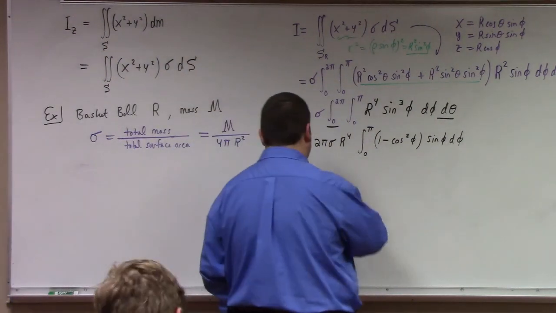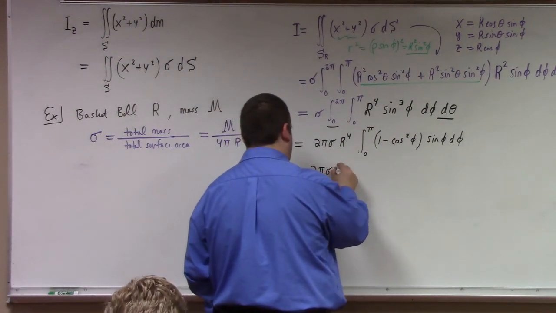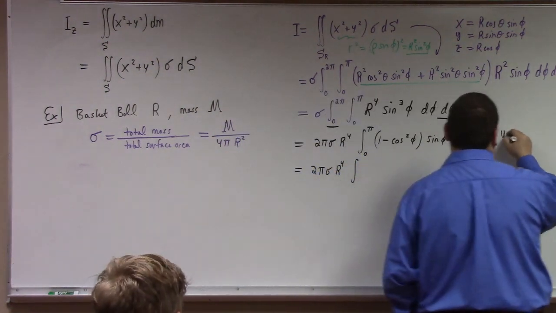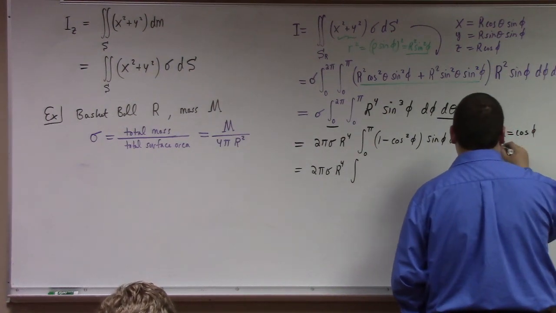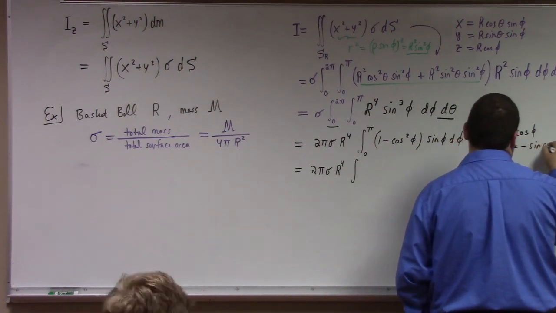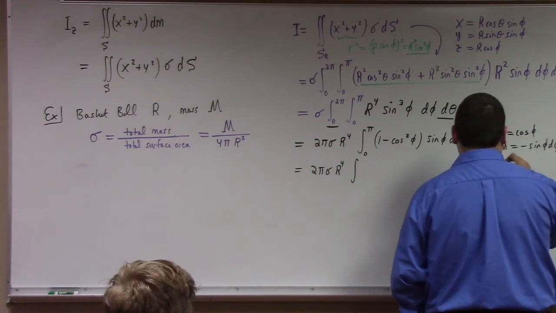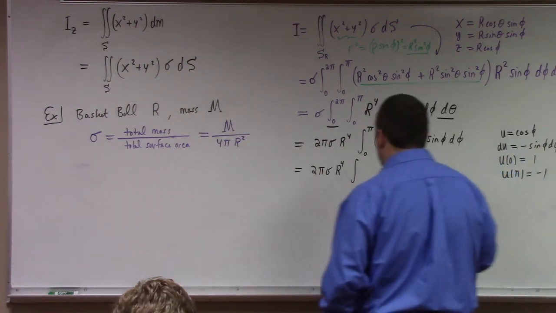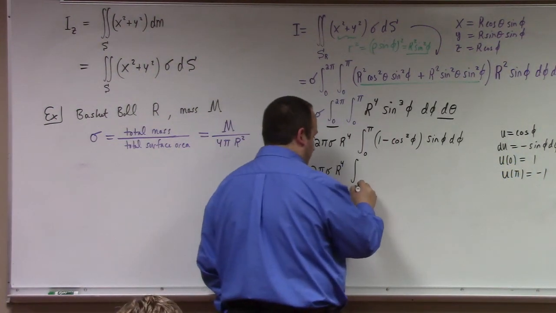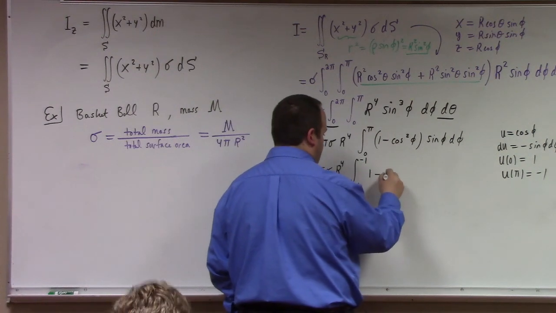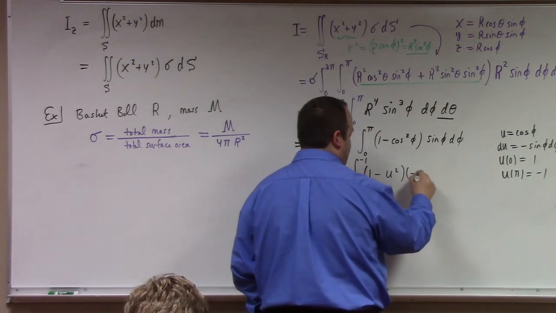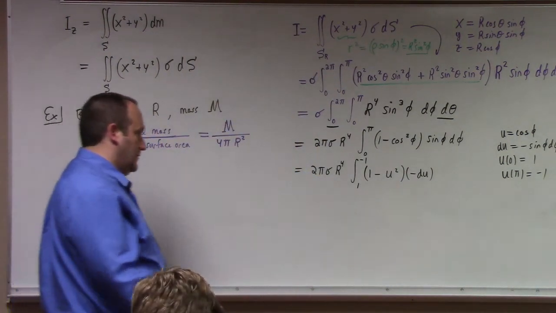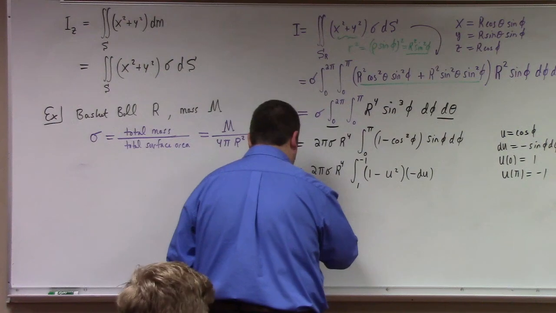And so what's that? Well, we can let u equal cosine phi. That makes du minus sine phi d phi. That makes u of 0 equal to 1. It makes u of pi equal to minus 1. So with that u substitution, we got an integral from 1 to minus 1, 1 minus u squared times minus du. Which is what?